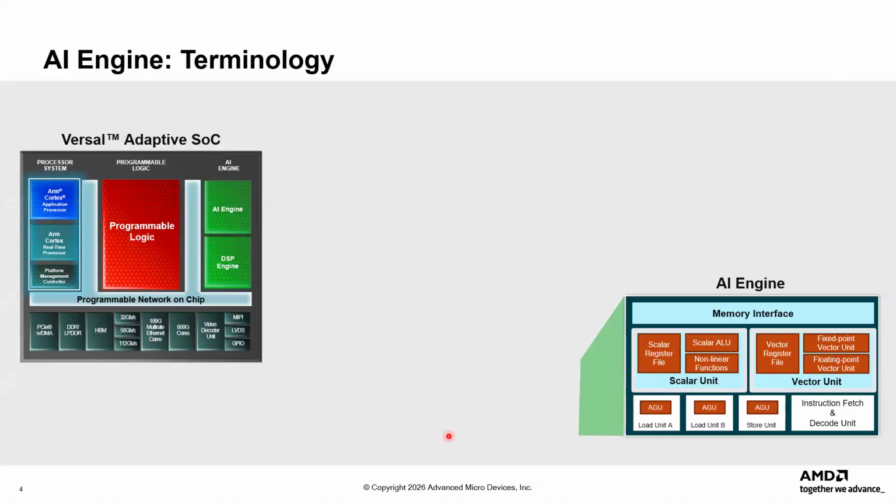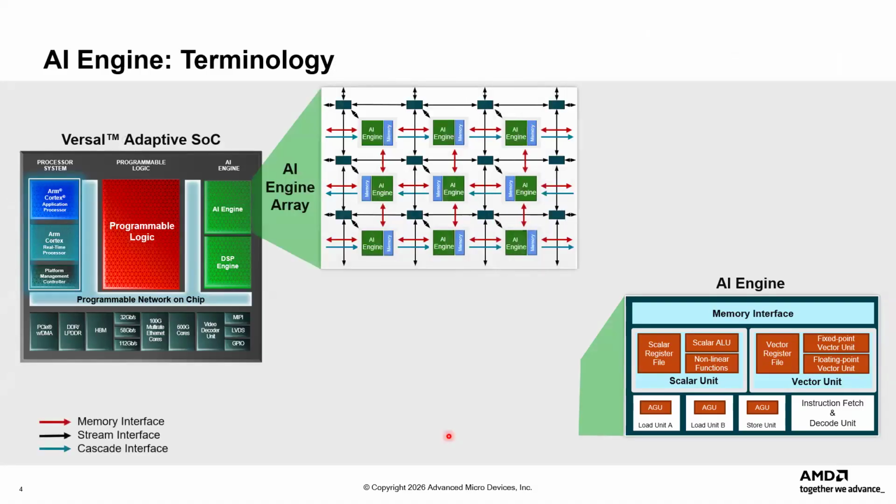So some of the basic terminology when we're working with the AI engine, you have this two-dimensional structure. And as I just described, each AI engine is capable of doing its own SIMD data path. If you look at these different colors, they represent different types of connectivity from one AI engine to other AI engines or to other resources.